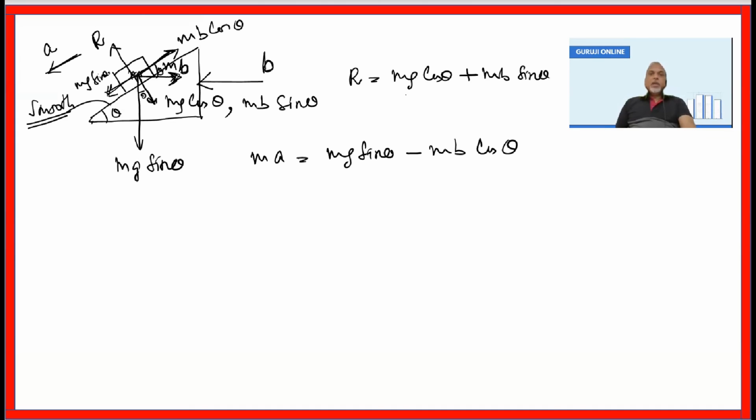Your reaction will increase due to acceleration of the inclined plane. And here A is nothing but g sin theta minus b cos theta.